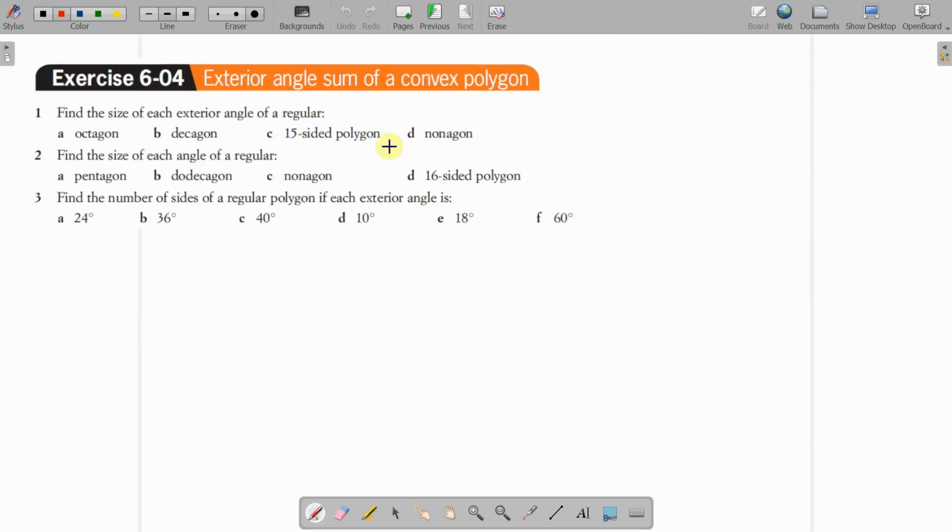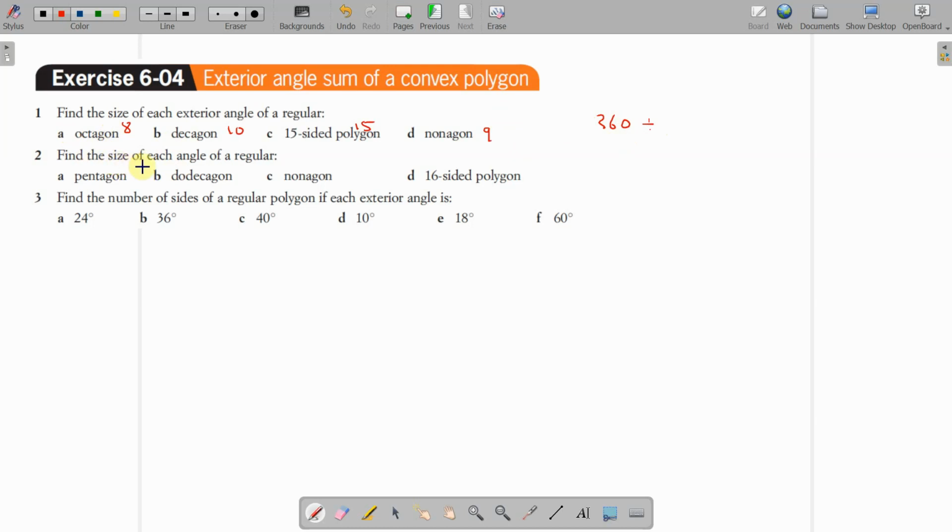Okay, lastly, let's have a look at what we do. I've looked at question 4. Question 1, size of each exterior angle. Remember, it's always 360, so octagon has 8 sides, decagon has 10, 15, and nonagon has 9. So all you do for each one is 360 divided by how many sides? That's for question 1.